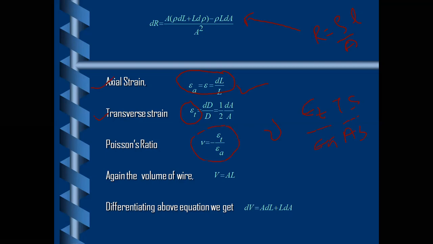So volume of the wire is defined as V is equal to A, that is area, multiplied by length. Differentiating this particular equation, you are going to get dV is equal to A dL plus L dA.